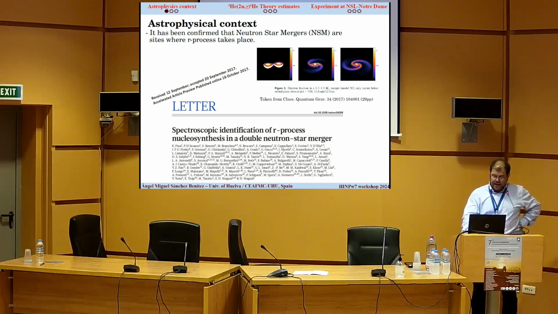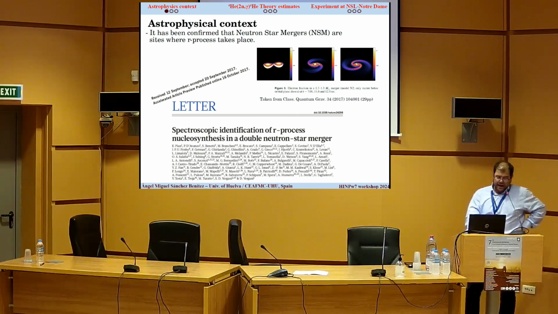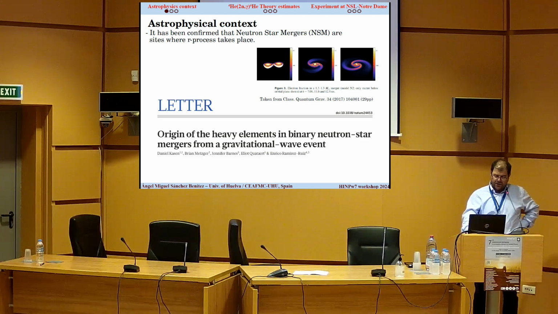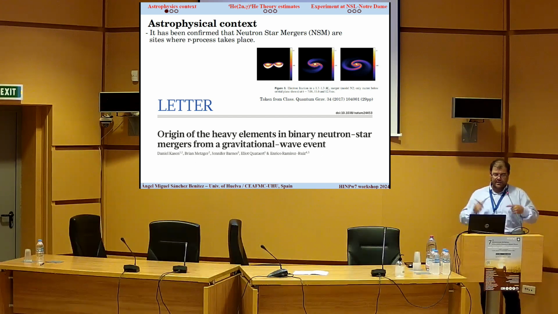In these two slides, I show the publications where they experimentally found a scenario where the R process occurs, which is a double neutron star merger, published in 2017 in Nature.